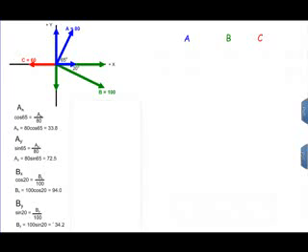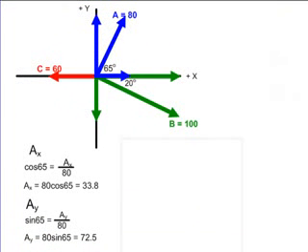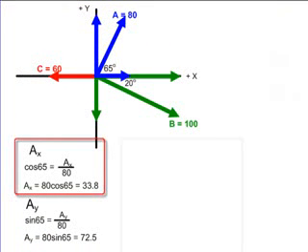So you can see the x component for vector A is defined by the cosine of the 65-degree angle. The cosine of that 65-degree angle is equal to adjacent over hypotenuse. Now the adjacent side is the x component of vector A, so I write that as A sub x.